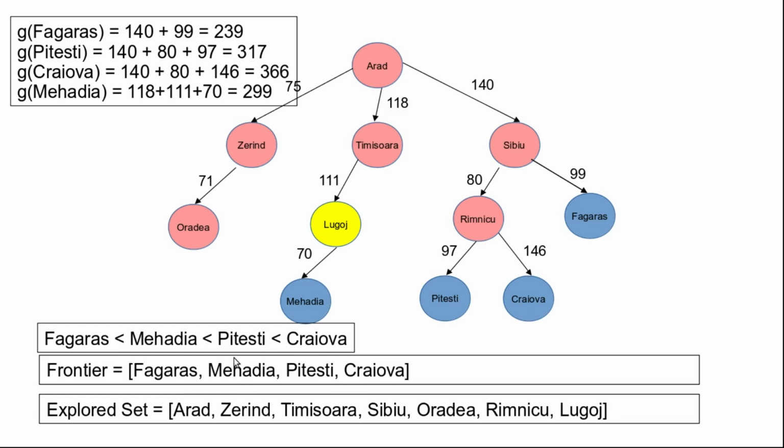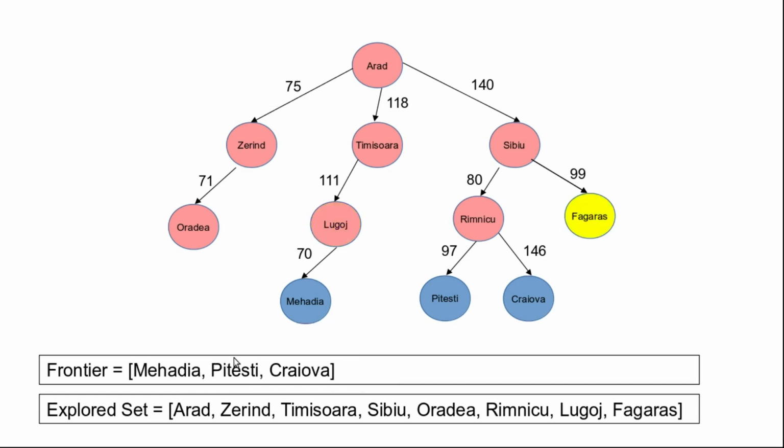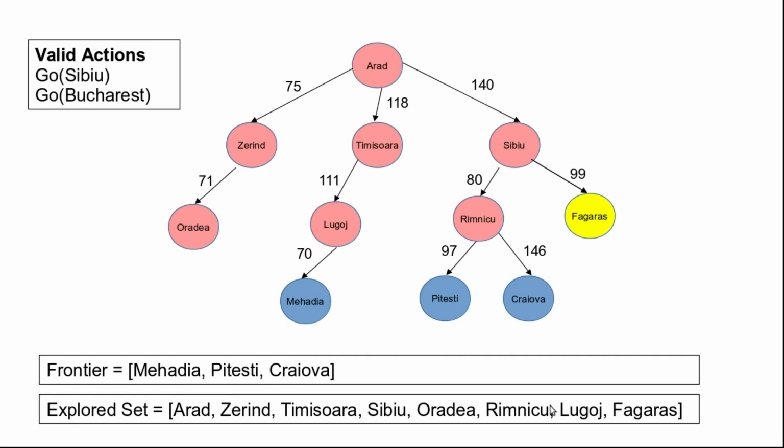And hence the next node that will be selected for expansion is Fagras. We first check whether Fagras is the goal state. No, it is not the goal state, so Fagras will be added to the explored set. And we'll find out what the valid actions are for Fagras.